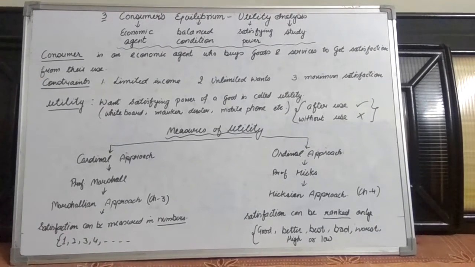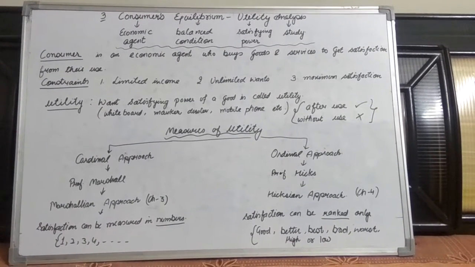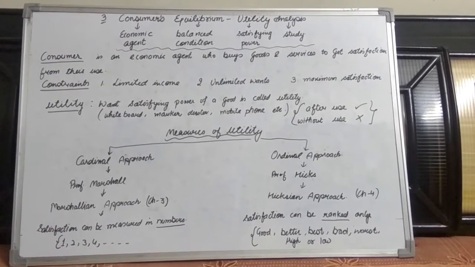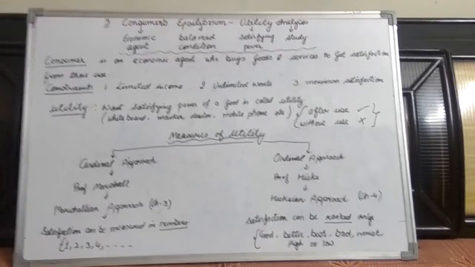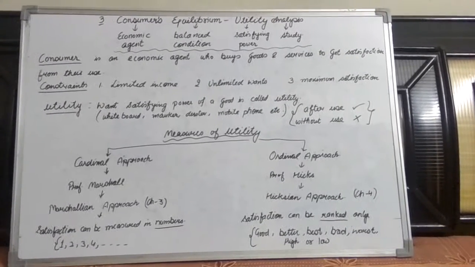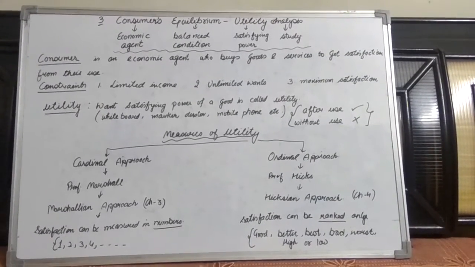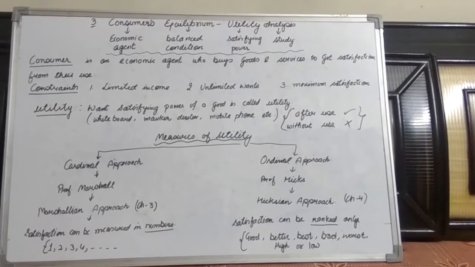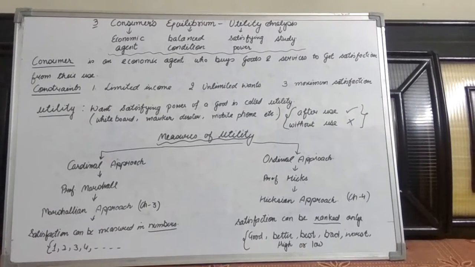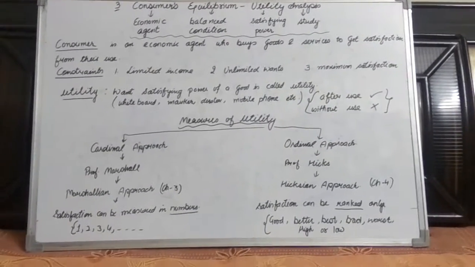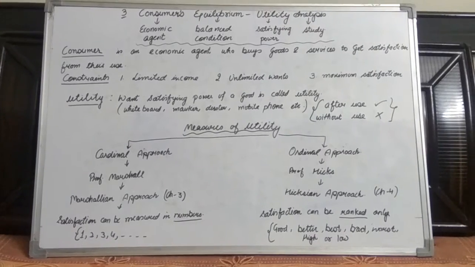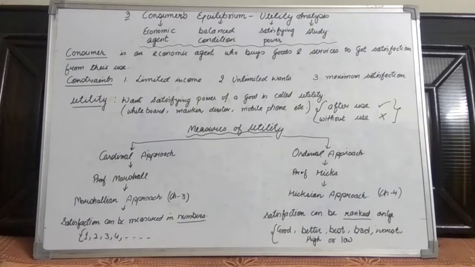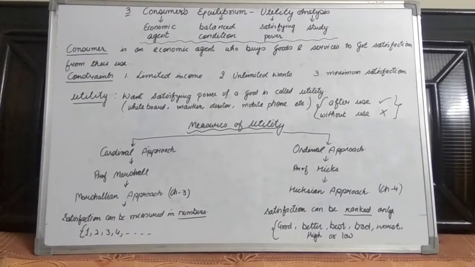Next, we have constraints: the consumer has limited income and his wants are unlimited, and most importantly the consumer wants maximum satisfaction from the expenditure and from the use of that good. So these are the basic constraints that we have to work upon.